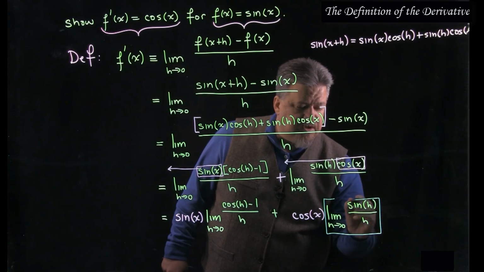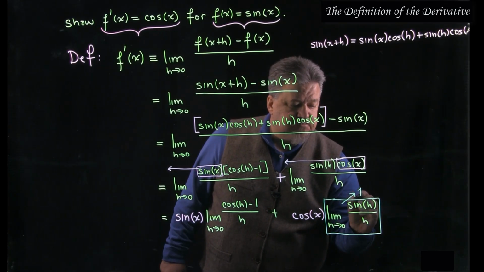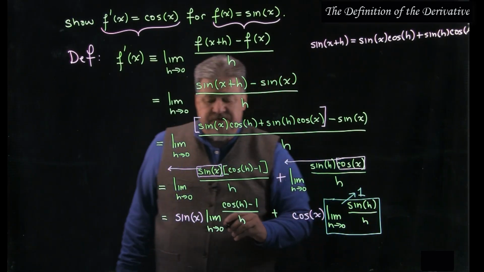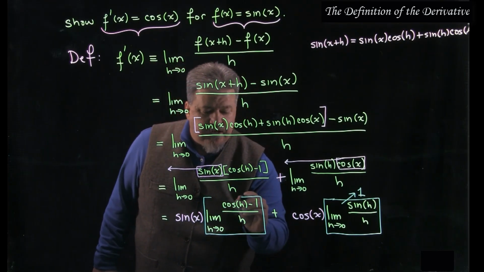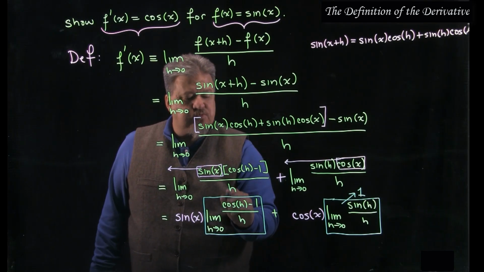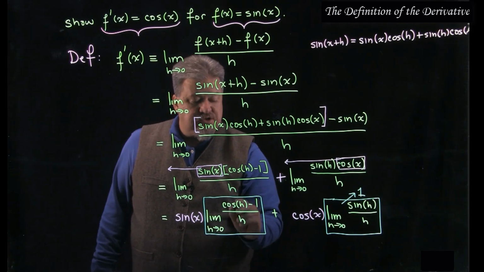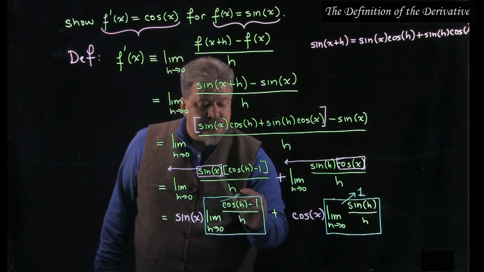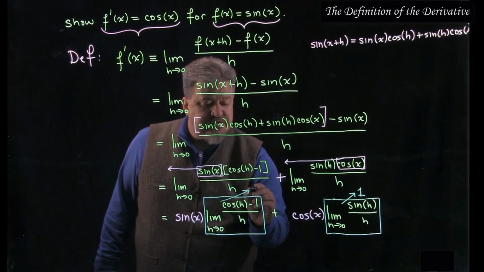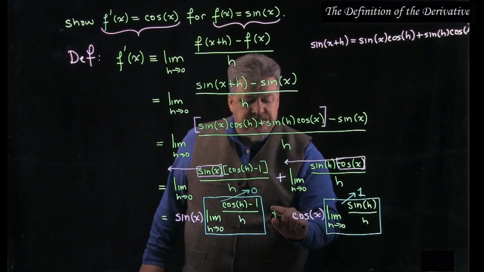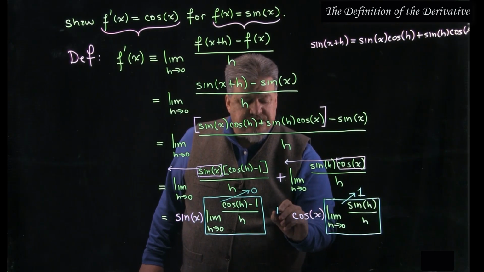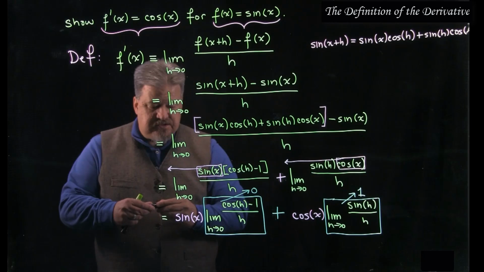This limit goes to 1, so that limit exists. Partial justification for this separation. And of course, this limit is 0. Now technically, the way we wrote it, the limit of 1 minus cosine of h over h would be 0, but negative times 0 is 0, so this limit is 0. Since both of these limits exist, certainly the separation was justified as we've done it, so let's continue.